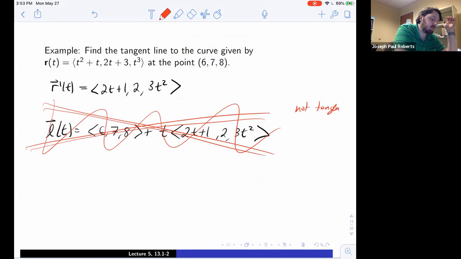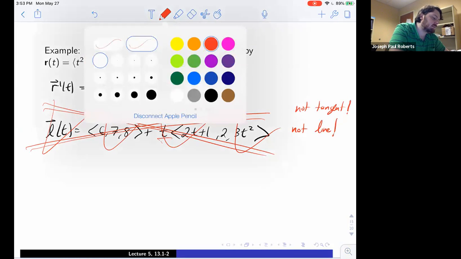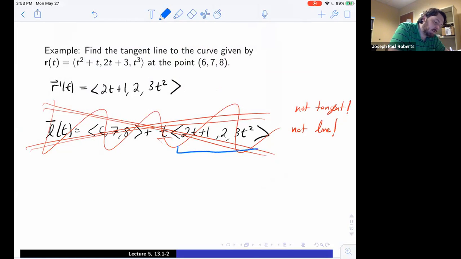You could figure it out. And it's not a line. Remember our line equations last week, we never had things like t squared or t cubed or anything like that. So that's no good. This needs to be a vector with numbers only.